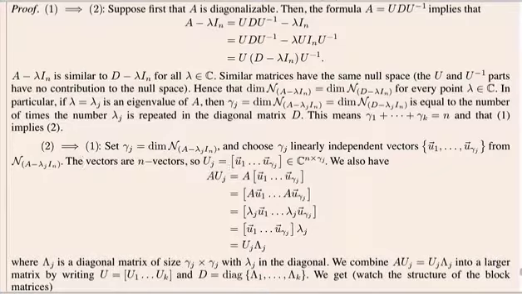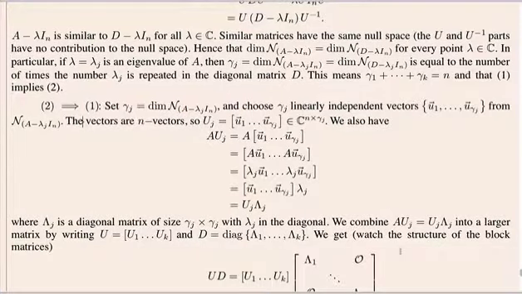So then we have this AU_j equals U_j Lambda_j, and we can combine these into a larger matrix by writing U equals to U_1 through U_k, collecting together all these matrices and collecting together the Lambda_j matrices into a diagonal matrix D by putting the lambdas together into the diagonals.